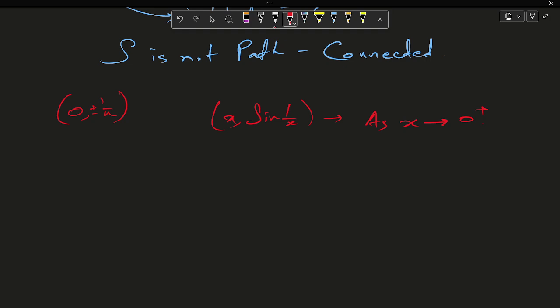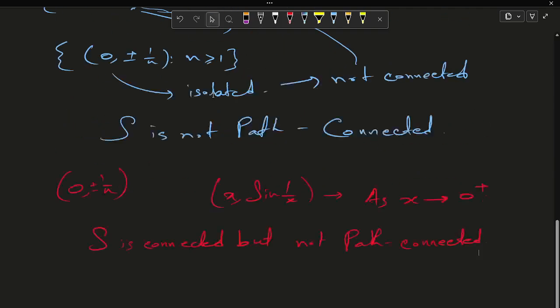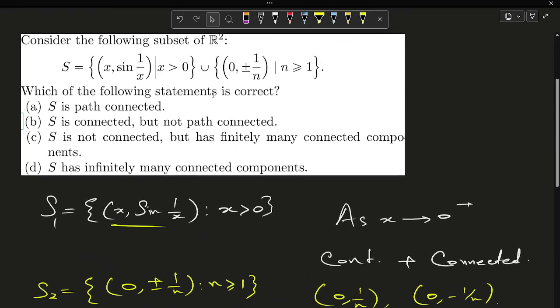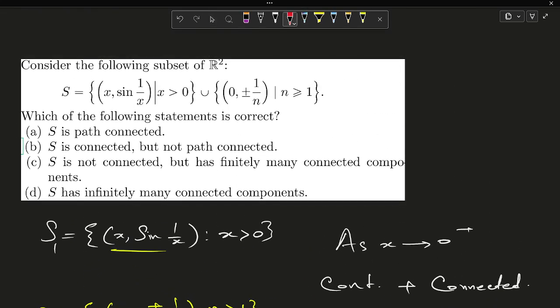However, there are no continuous paths between them. So S is connected but not path connected, as we told before. So our correct option for this question will be B, and A, C and D will be cancelled out.